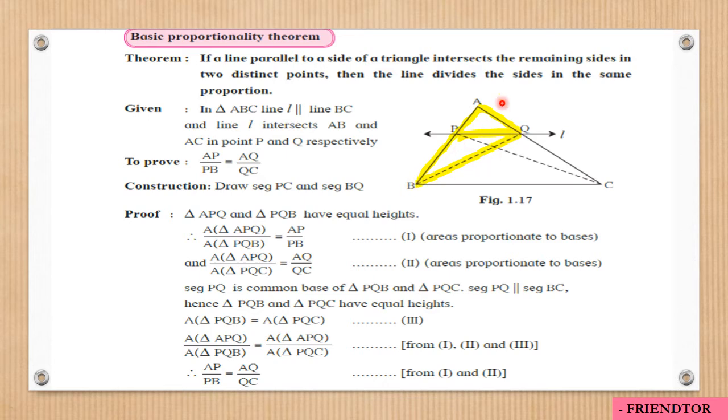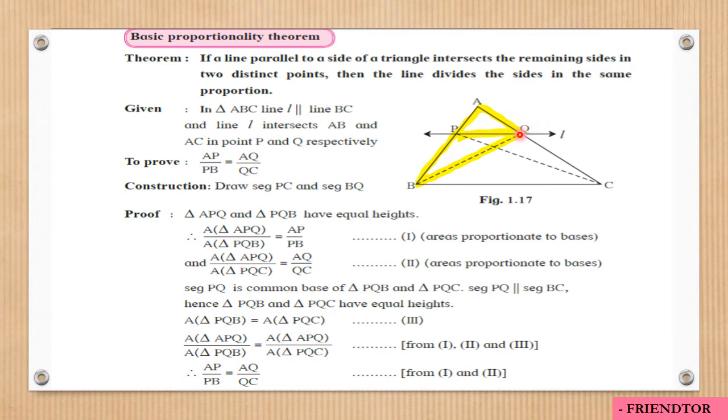Okay, now if you note, both these triangles have a common vertex Q and the bases opposite to it are collinear. AP is the base of this triangle and PB is the base of this triangle, both the bases are collinear and there is a common vertex.